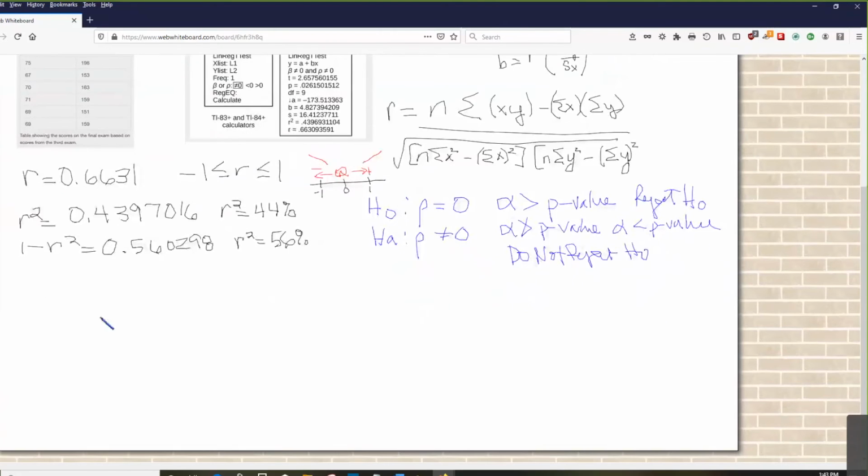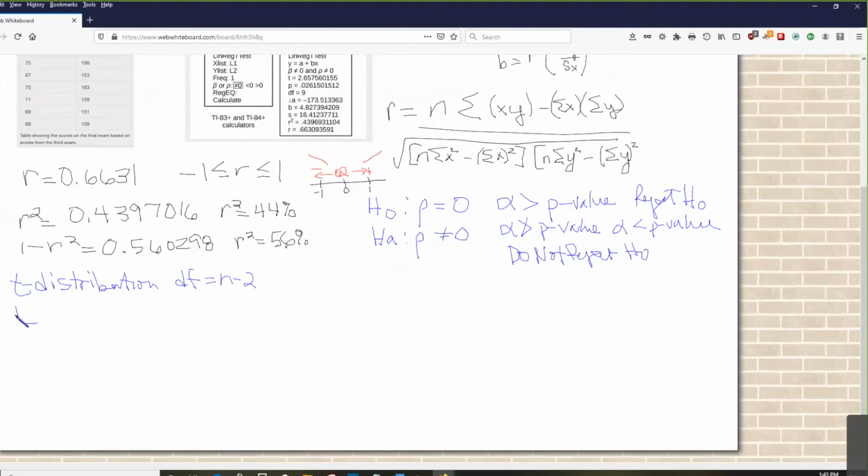Now, in order to do this, we are going to use the t-distribution. We're going to use our t-distribution calculator with our degrees of freedom equaling n minus 2. And it's going to be n minus 2 instead of n minus 1 because we have two variables.